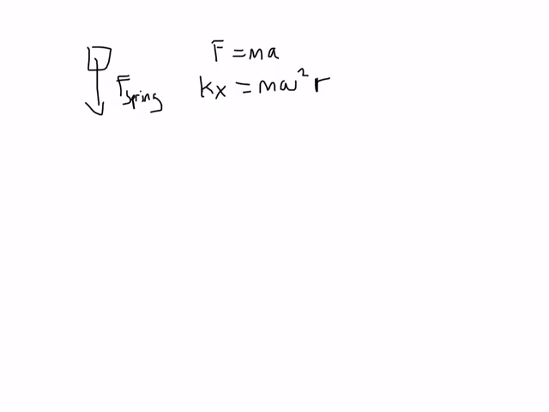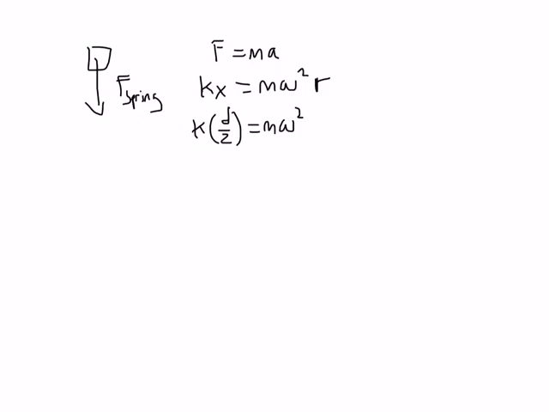So now we have to identify what goes into this general statement. What is x? How far the spring is stretched? Well, the picture shows that the spring is a total length of d over 2 and another d over 2, and the equilibrium length is d over 2. So the amount that it is stretched is just d over 2.